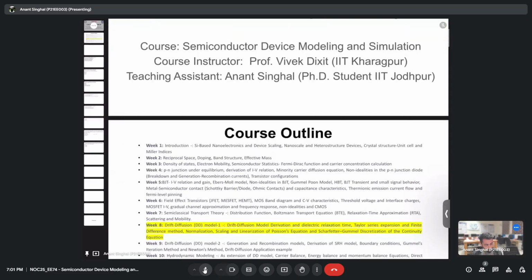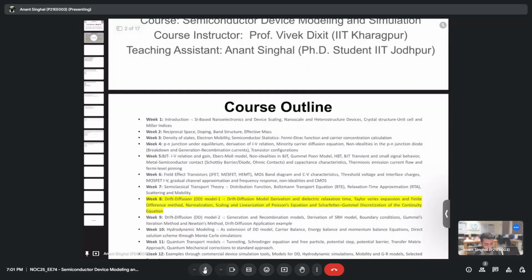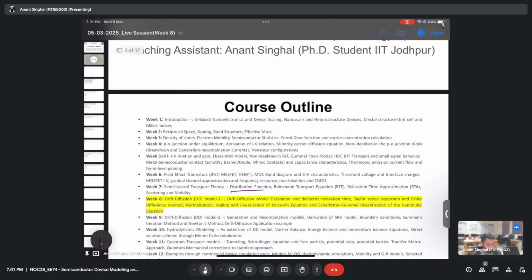So we have almost covered most of the physics of each of the devices. And in the last week we started with some of the modeling. The first thing that we went into was the semi-classical transport theory, in which we dived into the distribution function, that is the Fermi-Dirac distribution function.